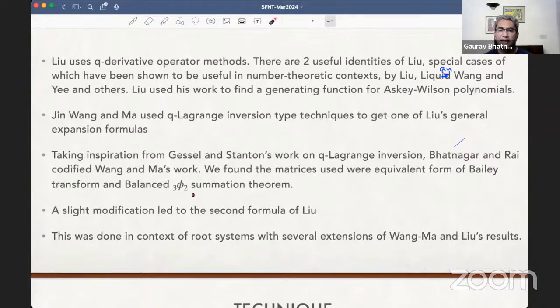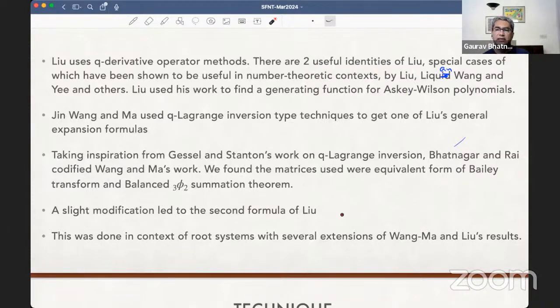We also used the balanced 3phi2 summation theorem. So we used Jin Wang's approach and codified it and got one of Liu's results, and then we found that a slight modification leads to the second formula of Liu also. So both the useful identities of Liu we could do by this technique.